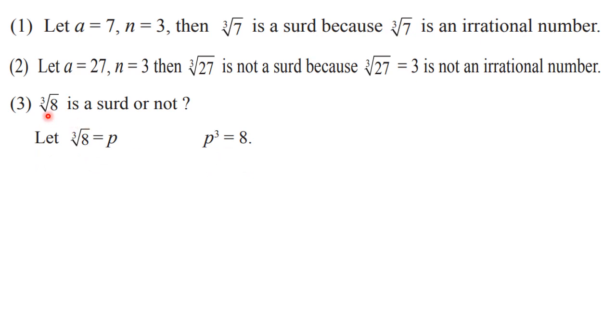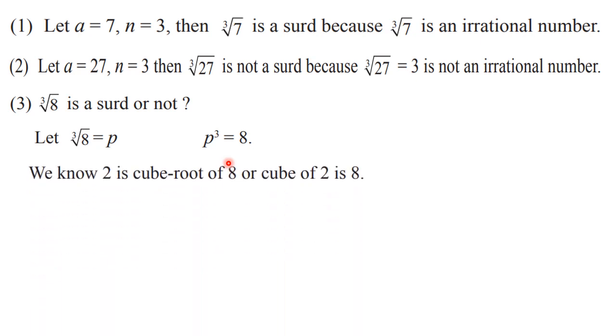This cube root of 8 is taken as p. And since here the order is 3, we take cube on both sides. So if we take cube on both sides, we get p cube is equal to 8. Here 8 is the cube of 2.